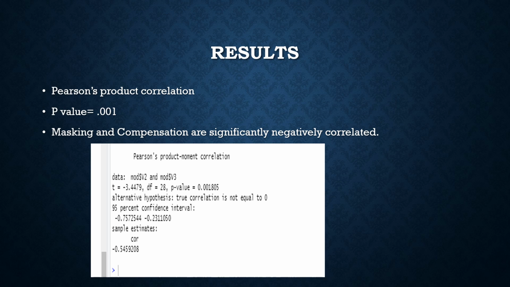When we conducted our Pearson's product-moment correlation, our results showed that we had a significantly negatively correlated relationship between masking and compensation. Looking at these sample estimates, you can see the correlation is negative 0.5, which exists on a scale of -1 to +1. However, there is the component of the p-value indicating that there is statistical significance.